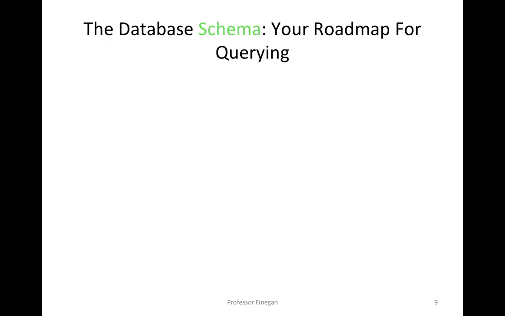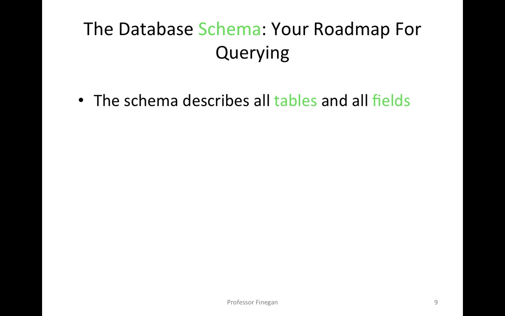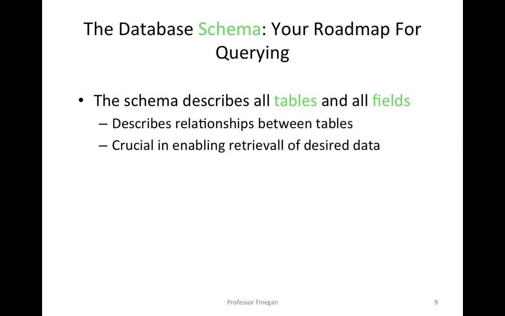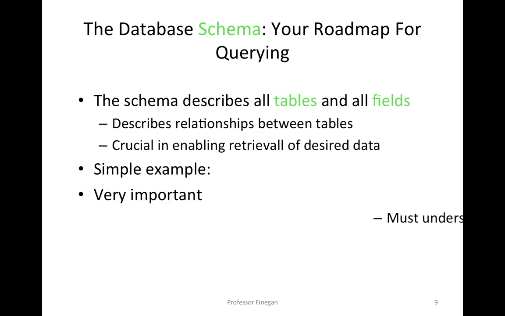When we're talking about the database schema, it really sets you up with a roadmap for querying. Essentially, the schema will describe all the tables and the fields that are in the database, and will assist you in describing the relationships between tables, which is crucial in enabling retrieval of all desired data. Essentially, when you're looking at this, it's a matter of keeping things simple.